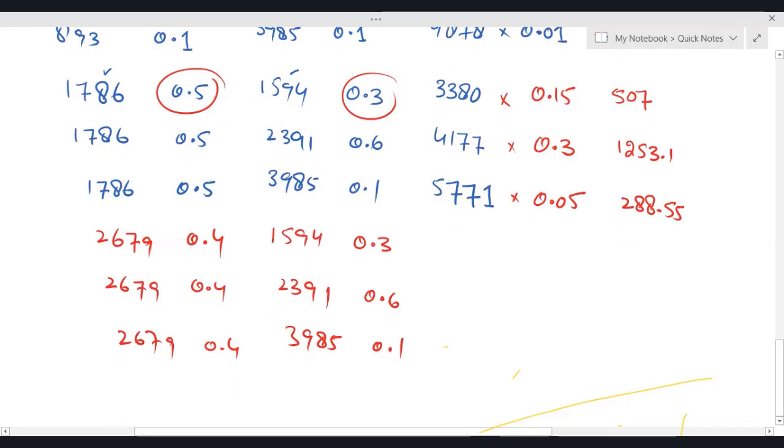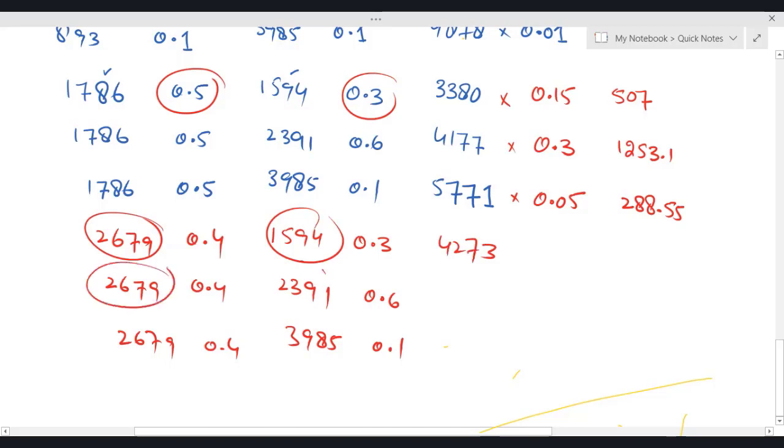Now, again, the same thing. If you have made the first 4 columns, then the rest of the 3 columns logically should not disturb you. Just add present value of year 1 and year 2. So I'm just adding these two. 2679 plus 1594, I'm getting 4273.